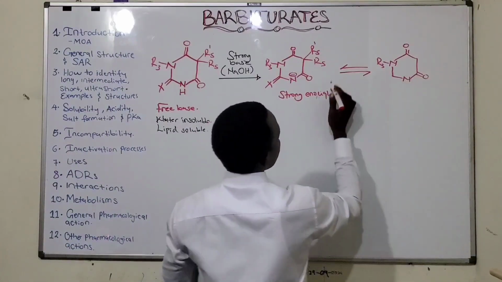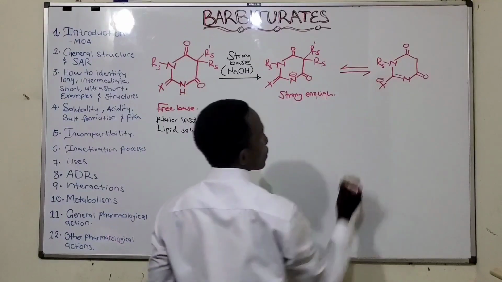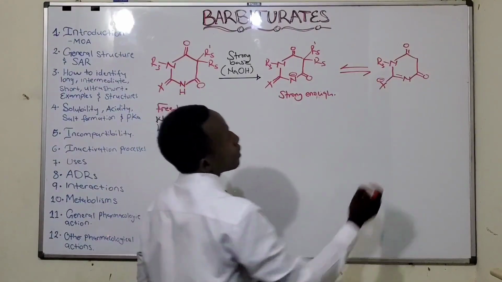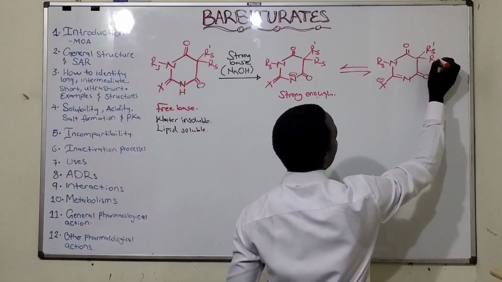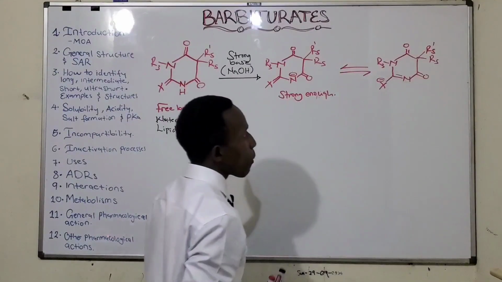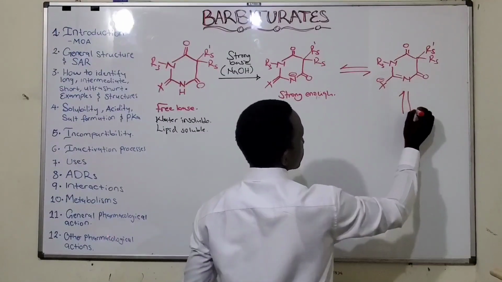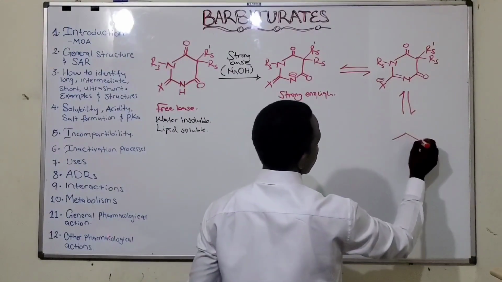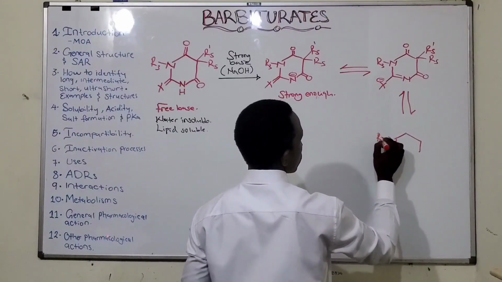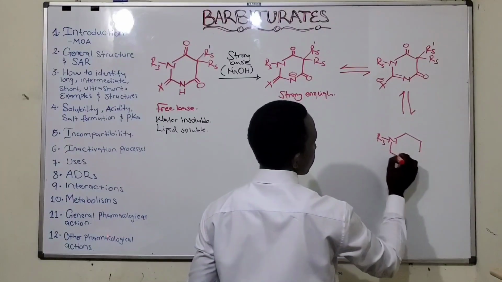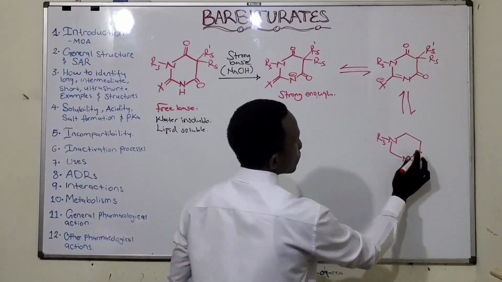Here, this nucleophile can form a bond here. Now, this one becomes the nucleophile. Here we have R5 and R5 prime. At the same time, this can be like this. It can form a bond here.